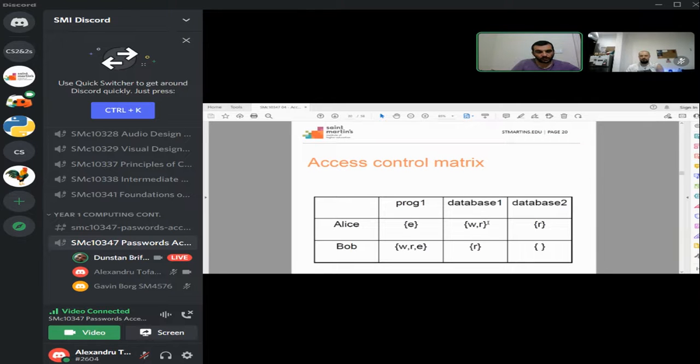In terms of database 1, it's read and write. In terms of database 2, it's read only. Bob, read, write, execute for program 1, read for database 1, and database 2 is empty. Alright? So it's exactly the same information which we saw in the list, but presented in a different way.